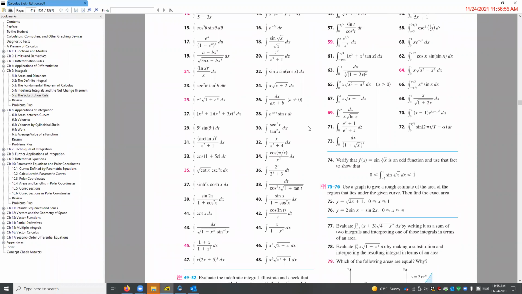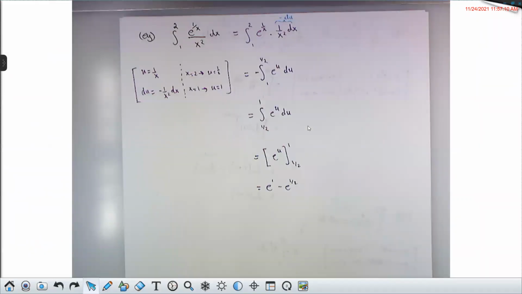See if there's anything else here that's really worth doing. Yeah, maybe just two more problems in parting here. Quick, simple stuff. This should scare you.